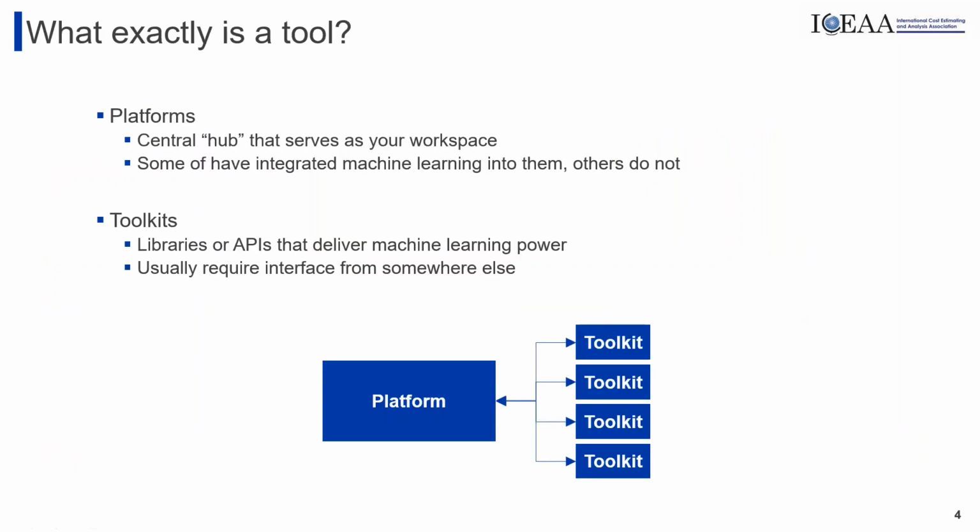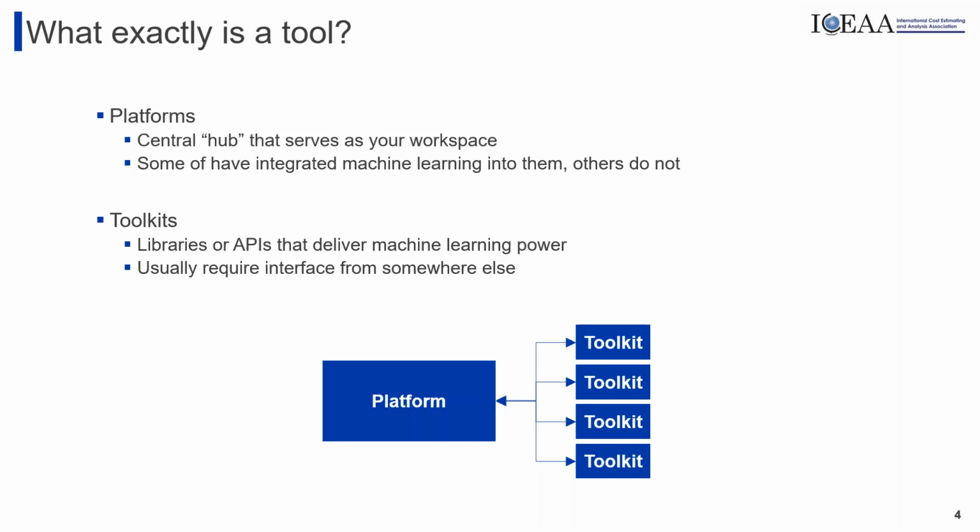So what exactly is a tool? There's a couple ways you can think of it. I like to think of it as kind of a platform and then toolkit. So a platform is that central hub, so to speak, that serves as your workspace. Some of these have built-in and integrated machine learning, others do not. So really, is that your tool?